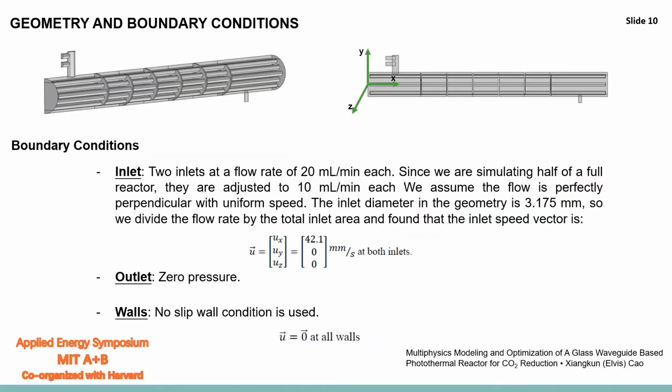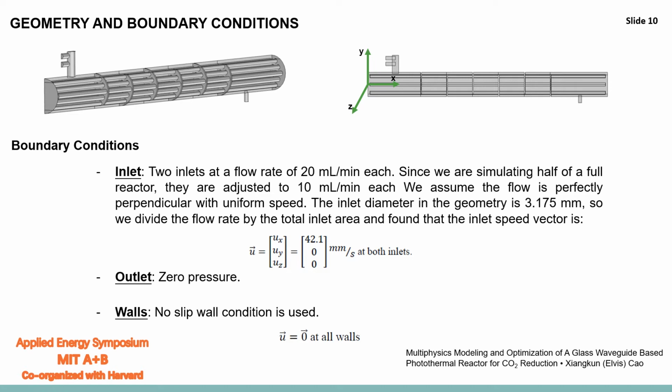We first conducted a series of experiments, and using that experimental data, we calibrated the constants involved in our numerical models. On this slide, you can see the geometry and boundary conditions for our reactor setup, a very traditional one. Since the reactor structure is symmetrical, we are only simulating half of the full reactor. The boundary conditions are, first, for the inlet, we're adopting a velocity boundary condition.